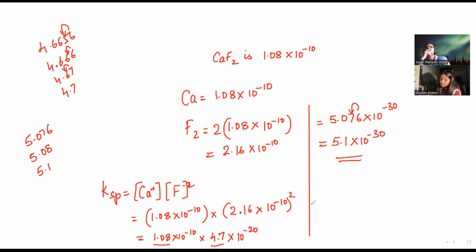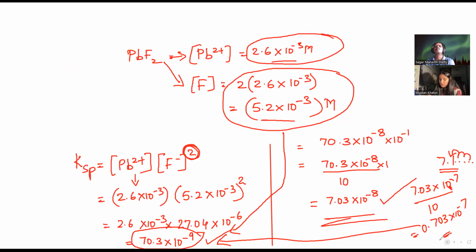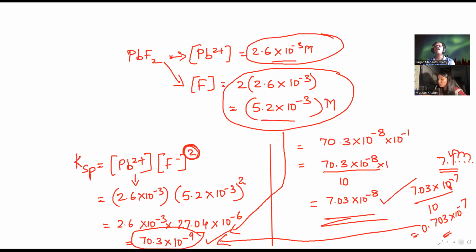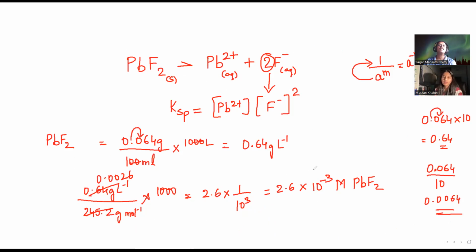That makes sense. So in the lead fluoride, you know how we did the 0.064 grams over 100 mils and stuff like that? How come we didn't do that here? Now here, in the sum I gave you, I already gave you the molar value. In the lead fluoride sum, you first had to find out its molar value.